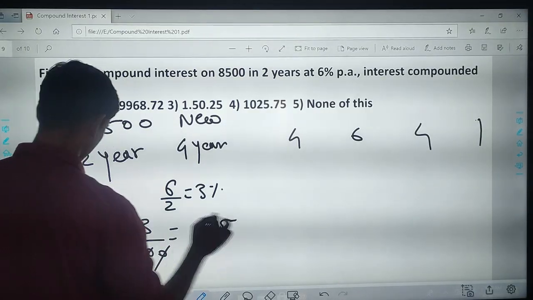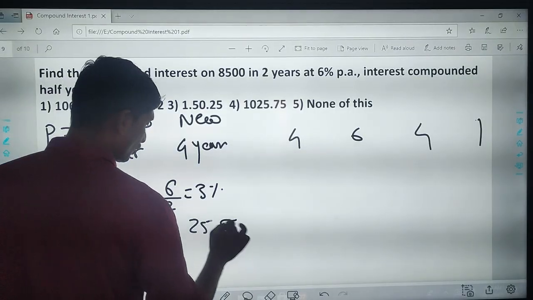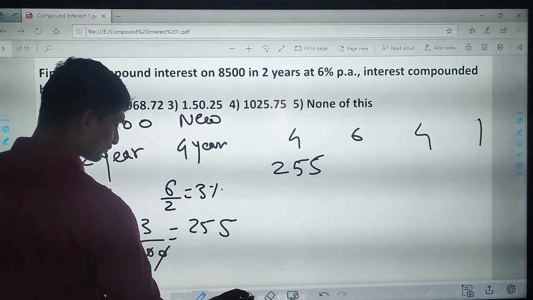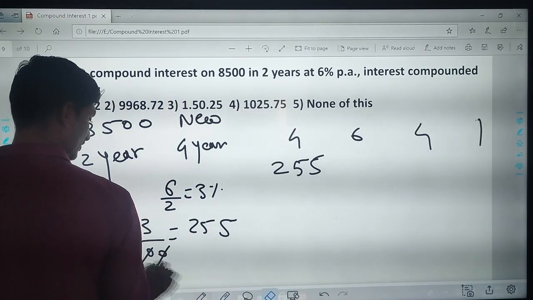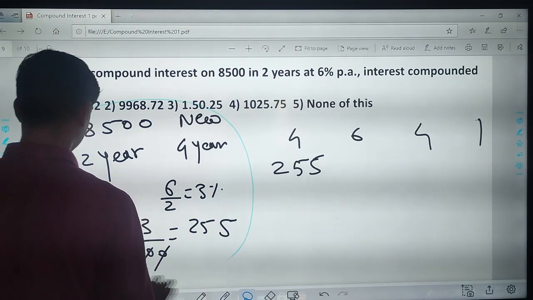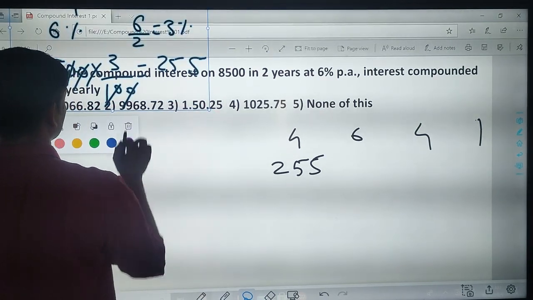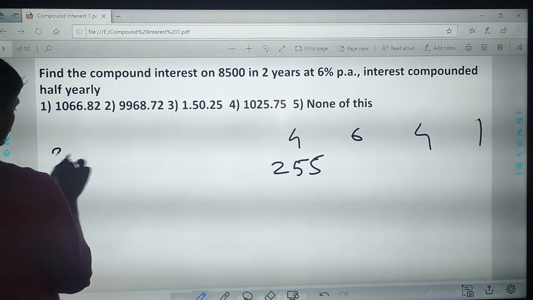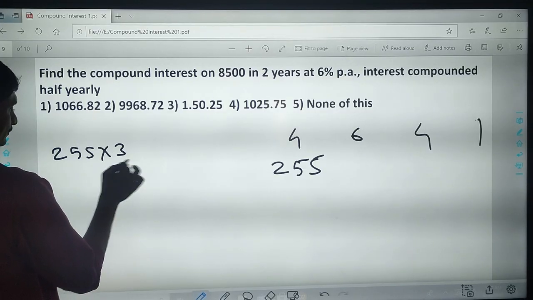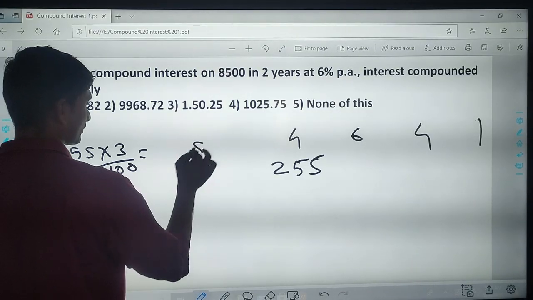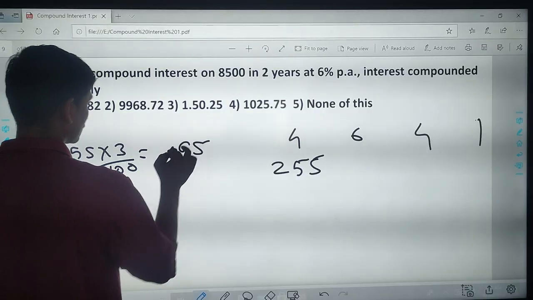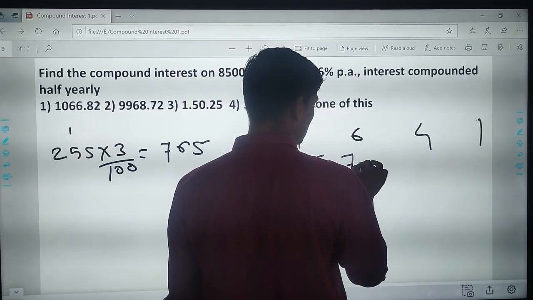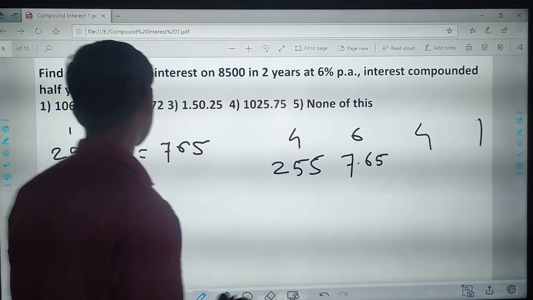That is 255. We get 3% of this value. 7.65. We get 3% of this value.